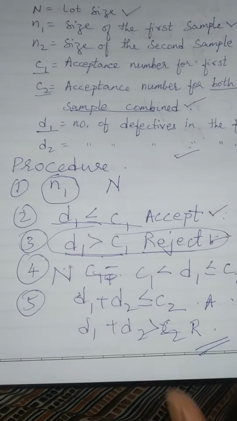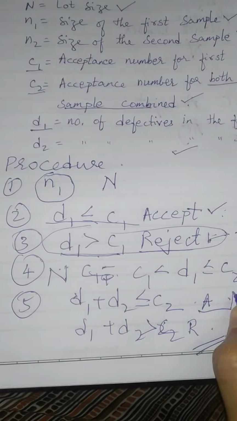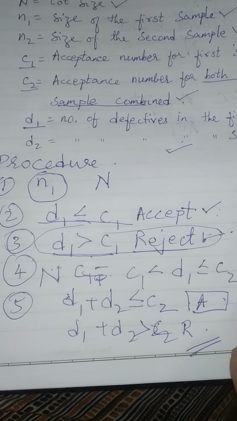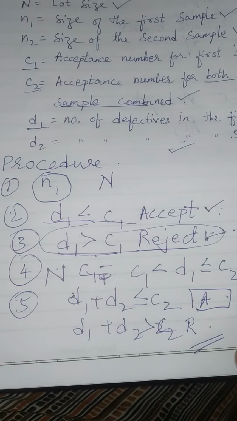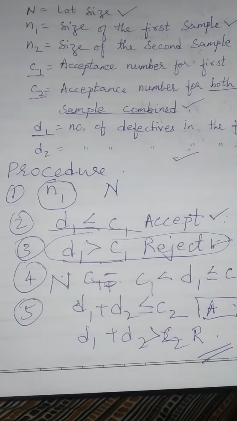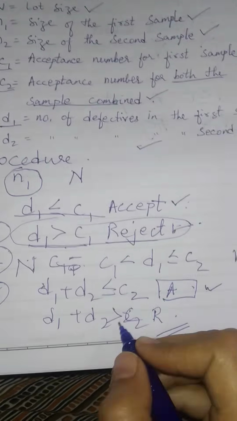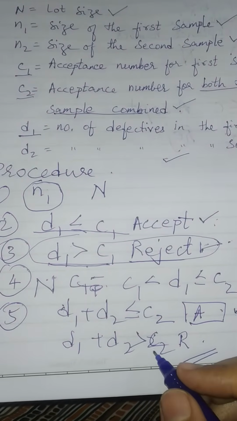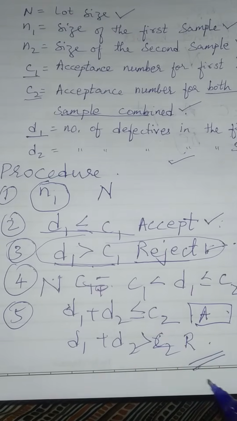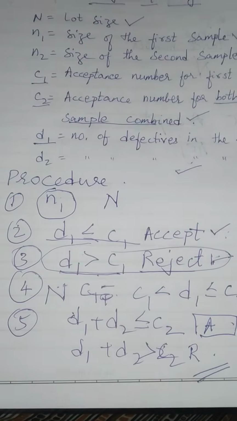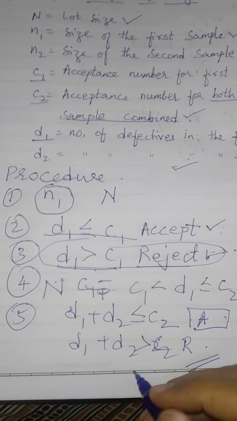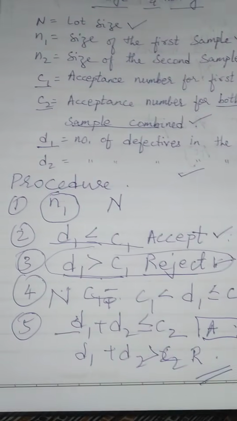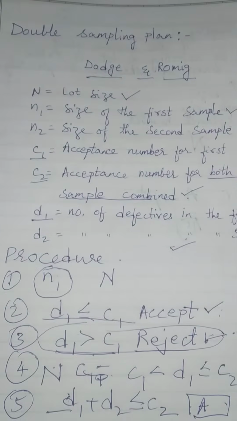After accepting this lot, replace the bad items. And after inspection, the rejected lot is 100% inspected and defective items are replaced by good ones. So this is the answer for the double sampling plan.